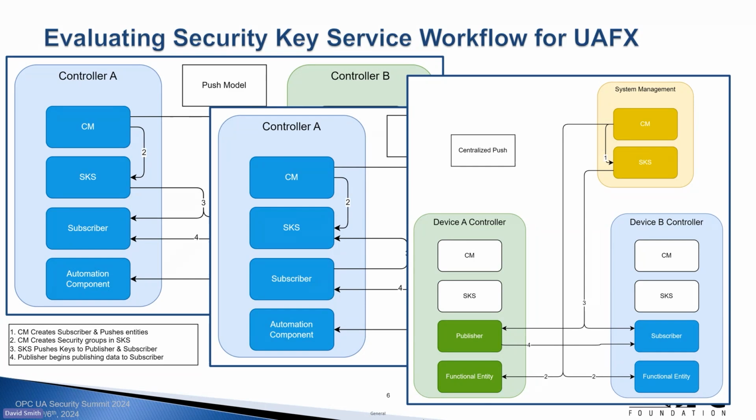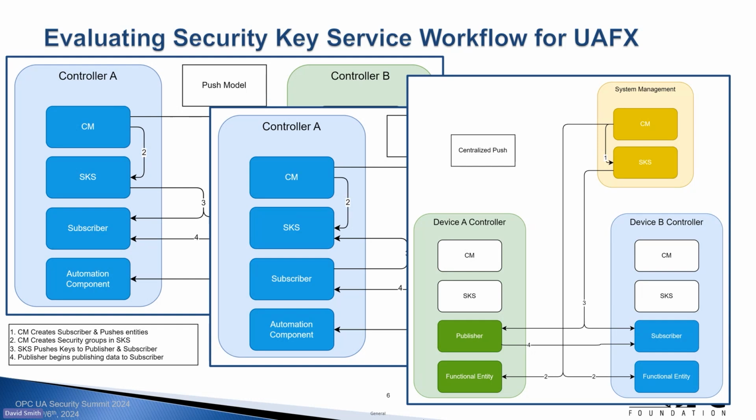Much like the push model for the controller to controller, it makes sense to pattern the connection data workflow after the connection manager. There would be client functionality already there, configuration, how to talk to devices is already there. If there are routes or paths through firewalls that need to be configured, the connection manager should already know how to do that.